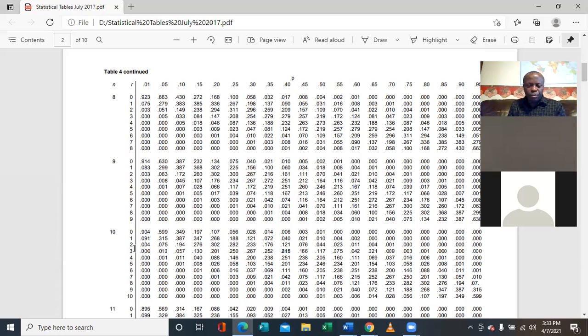So let me write them down. 0.006 plus 0.040, as this one here, plus 0.121 plus 0.215. So when you add all this, that will give you the probability of at most 3. I mean, from 0 to 3.